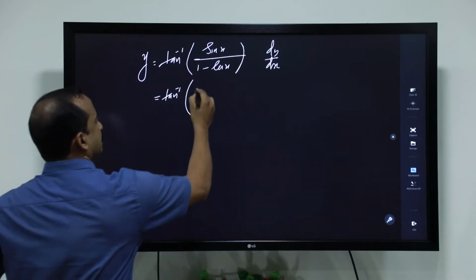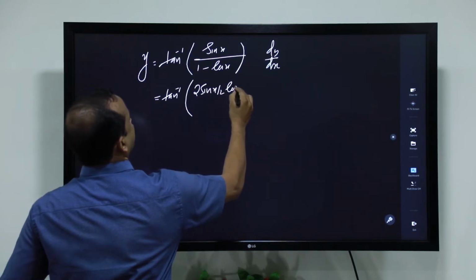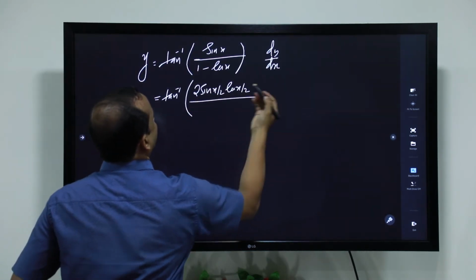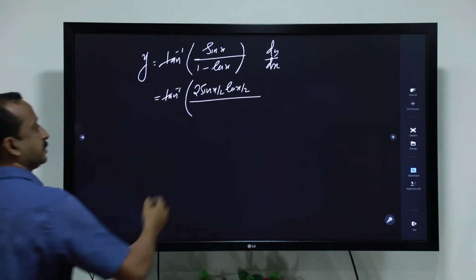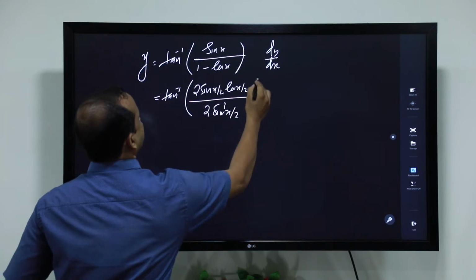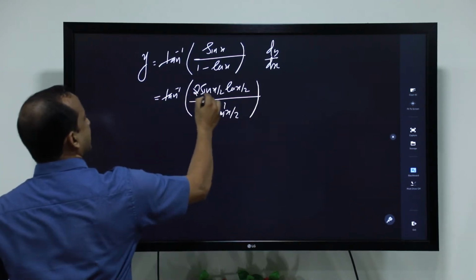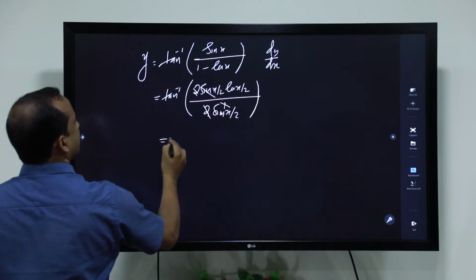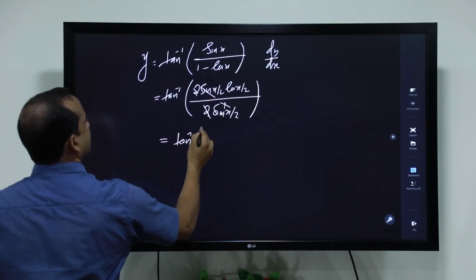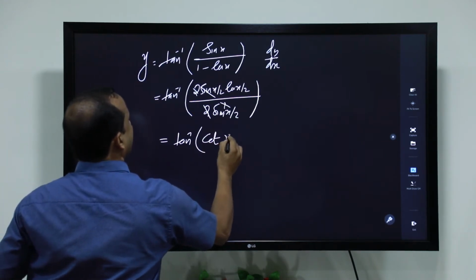Sin x is 2 sin x by 2 cos x by 2, the whole divided by 1 minus cos x, which is 2 sin square x by 2. Here the 2 cancels, sin cancels, and we get the answer tan inverse of cos by sin, which is cot x by 2.